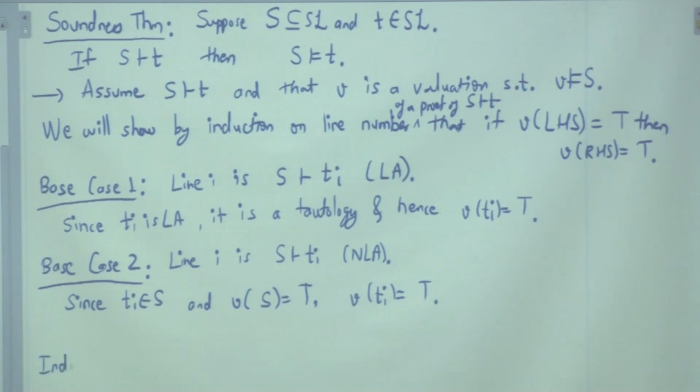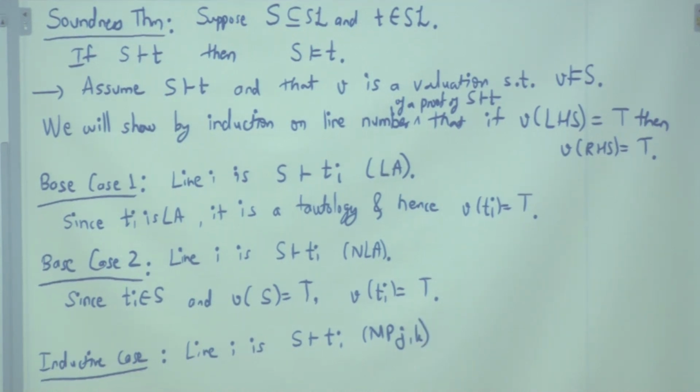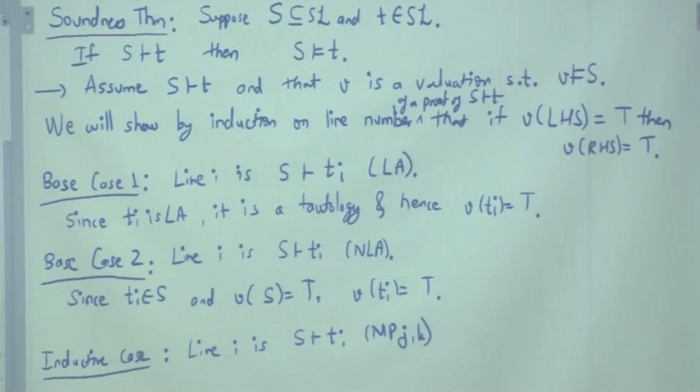Inductive case. Line i is S proves Ti, MP, and I am going to use a different notation, j and k, for a change. So j and k are smaller.